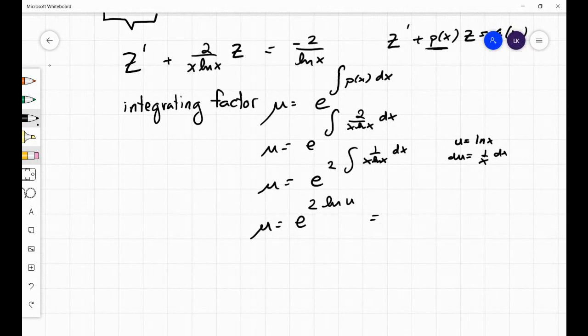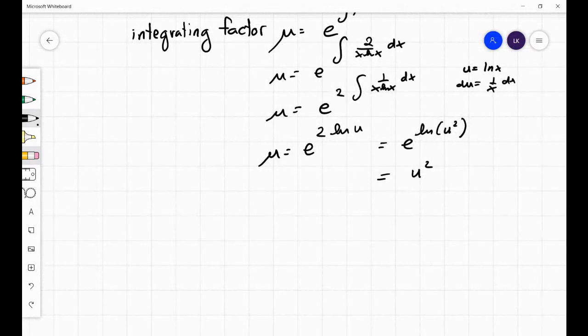Okay. Properties of logs, and you get your integrating factor is u squared, where u is really log x. So the integrating factor is a function of x. We see it's log x quantity squared.